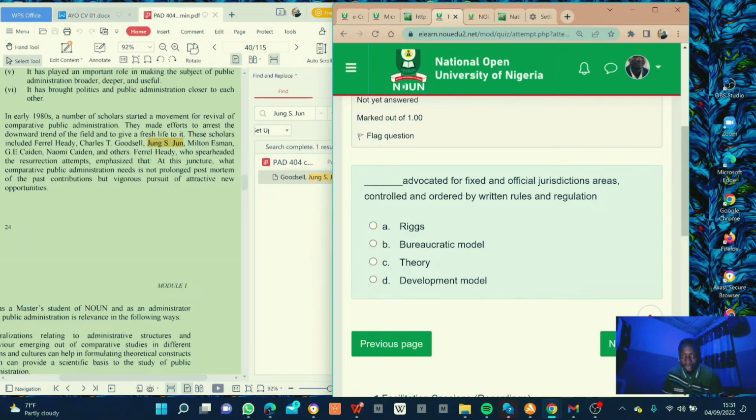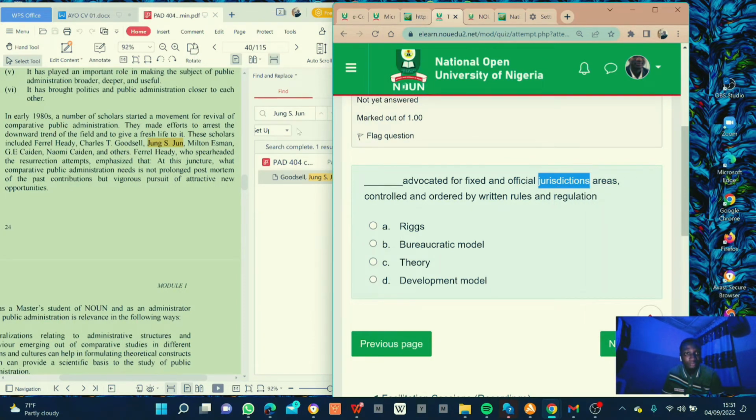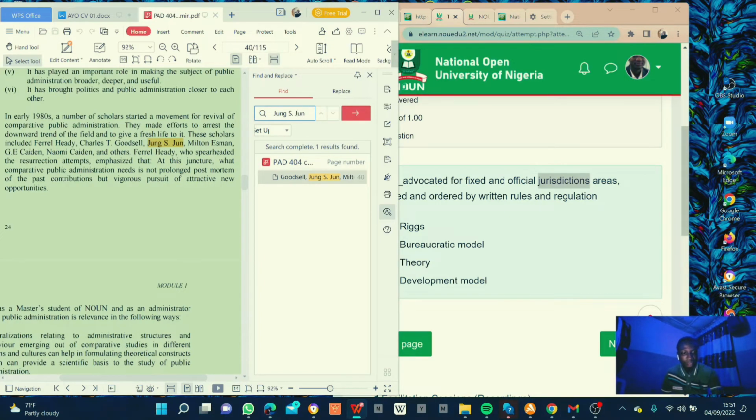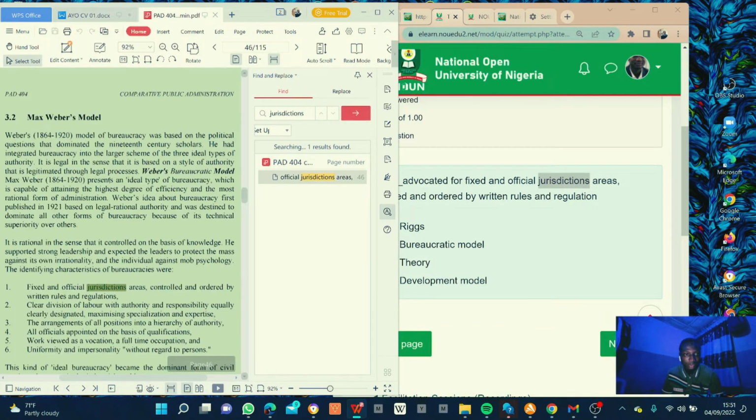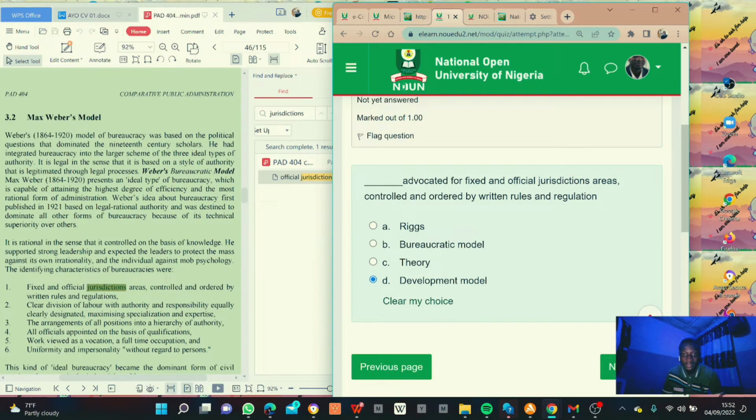Let's use jurisdiction as the keyword. Good. Now as you can see here, we have fixed and official jurisdiction areas controlled and ordered by written rules and regulations. So what the question says, dash advocates.